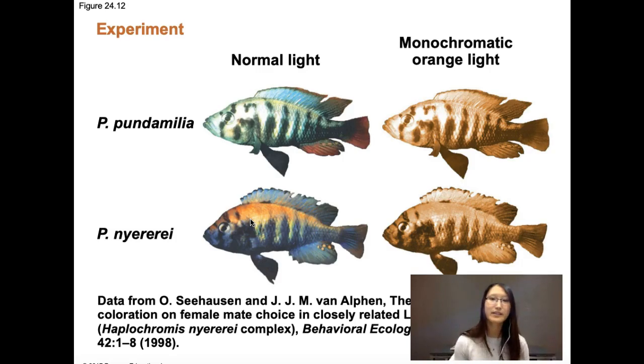So here is the example that we have. These fish all live in the same area, and through the sexual selection process of female fish to male fish, as you can see, there are different patterns of these two types of fish as a result, and they became two different species.